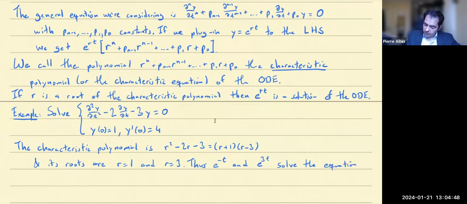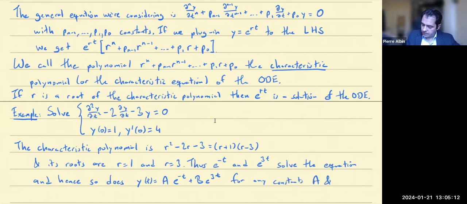Since those solve the equation, so does, by the superposition principle, y equal to a times e to the minus t plus b times e to the 3t, right? For any constants a and b.